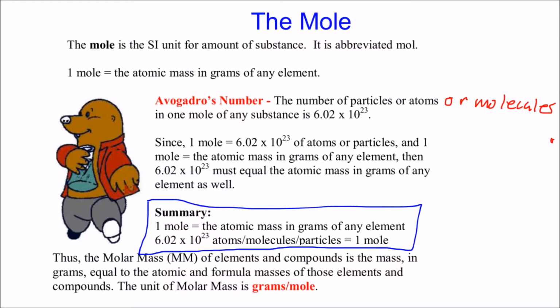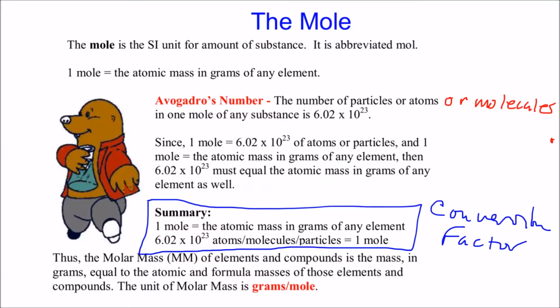Hopefully you notice that both of these things have equal signs in them, and we remember that anytime we have one thing equaling another thing, we are looking at a conversion factor. So that means we're probably going to be using this in dimensional analysis as conversion factors.